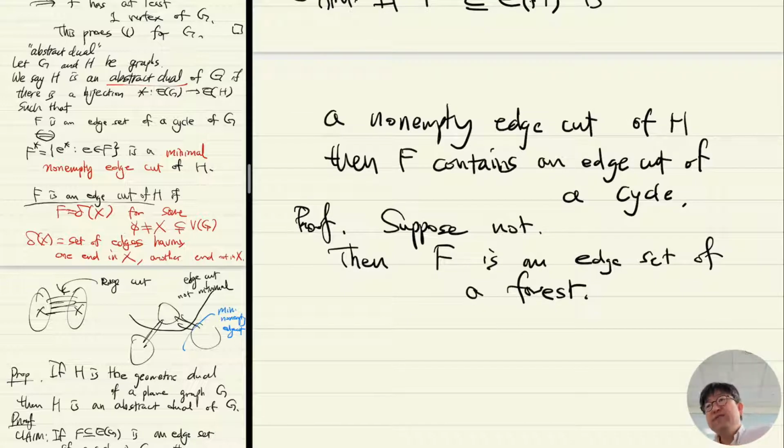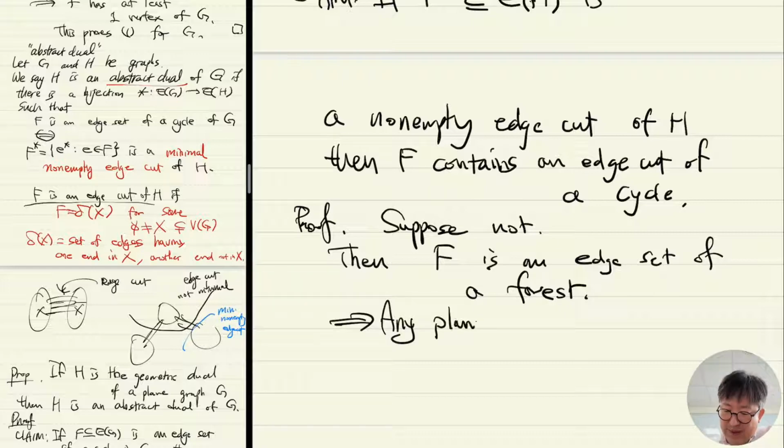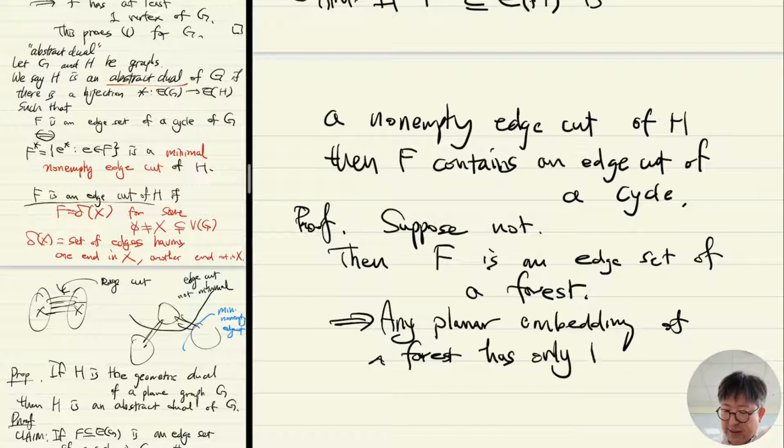If you have the edge set of a forest, then when you delete it, you only have one face. So any planar embedding of a forest has only one face.